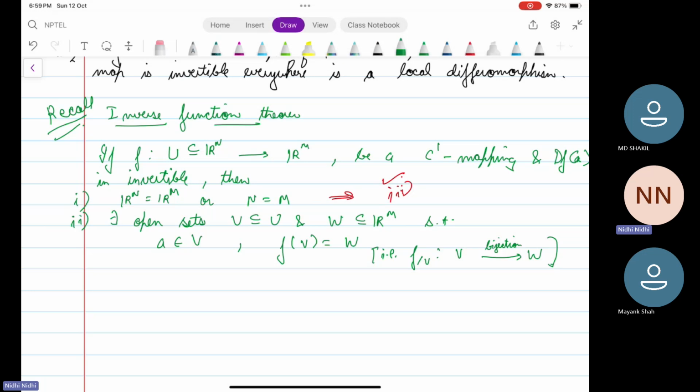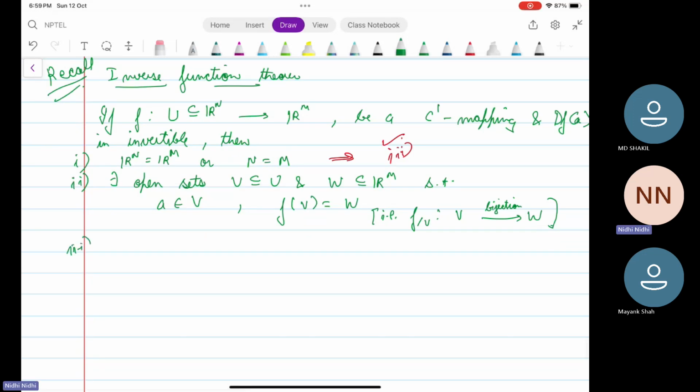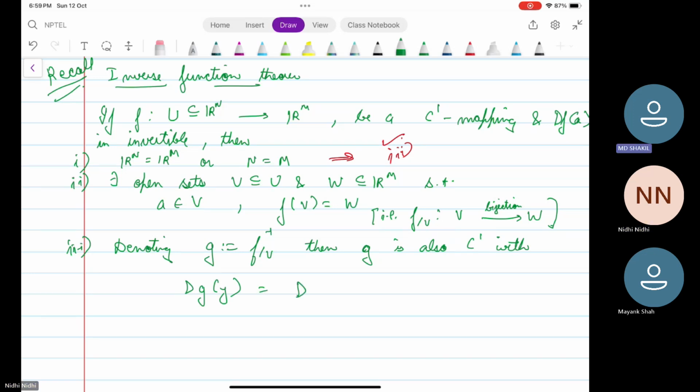Okay, then our third point says that, since this f restricted to V is a bijective map, that means it is invertible. Denoting its inverse to be G equals f restricted to V inverse, this G is also a C1 map, with the derivative of G at any point y equal to the inverse of df at G(y).